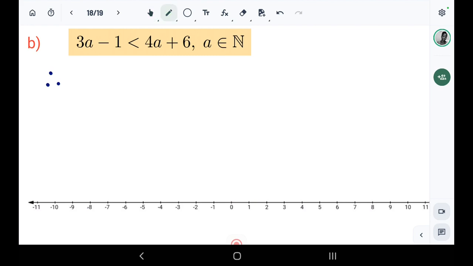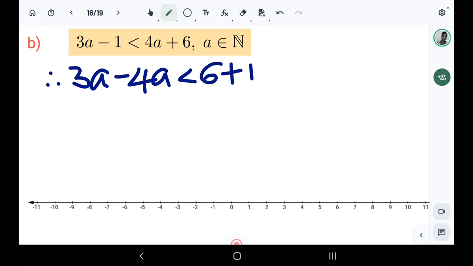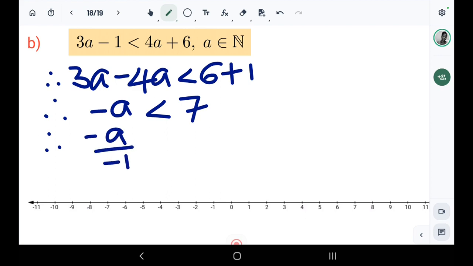Now what you do is you solve this like you would any equation. So take your a's to the left hand side, is less than, and your numbers to the right hand side. 3a minus 4a, that's negative a, is less than 6 plus 1, which is equal to 7. Now divide both sides by negative 1 to get a positive a.